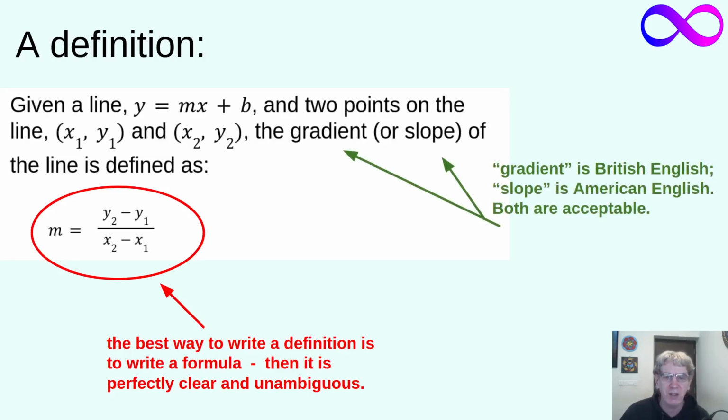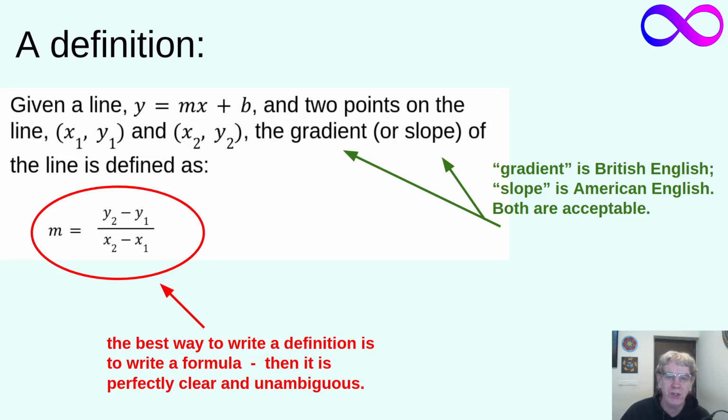Secondly, let's look at this. By the way, the word gradient is British English and the word slope is American English. Both are widely used and both are acceptable, and these are two different words to say the exact same thing.